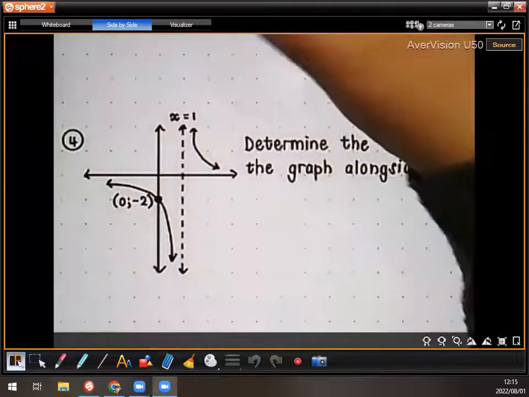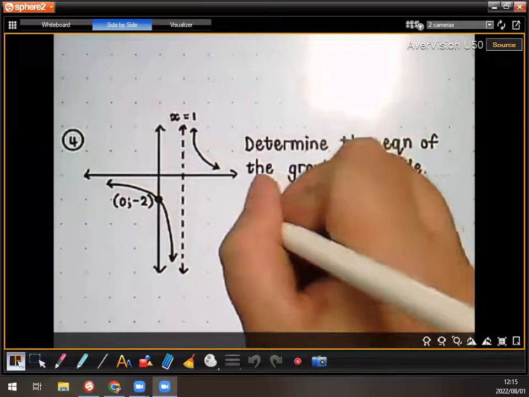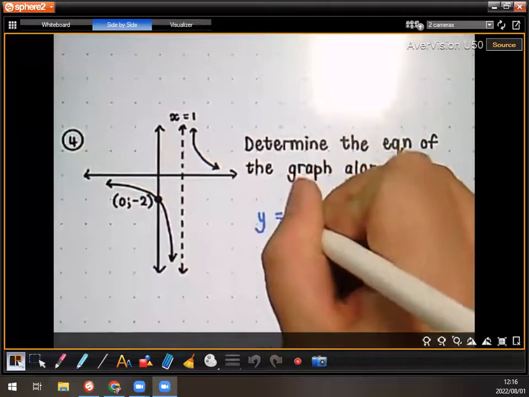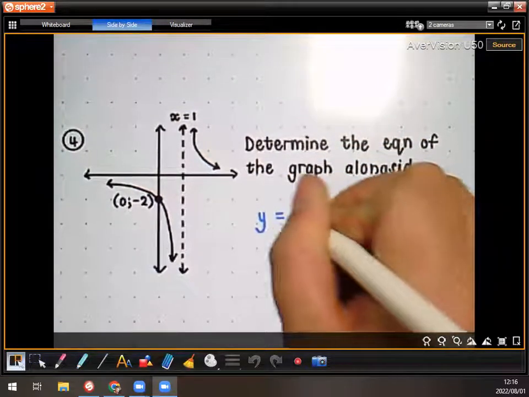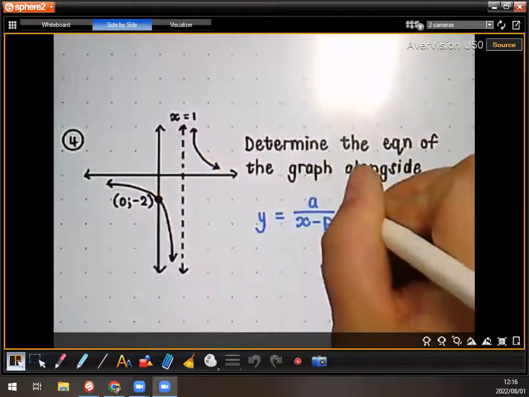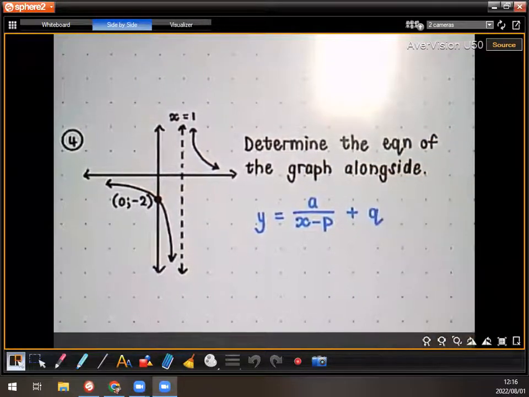Hyperbola. All right, good. So we're going to write the standard form of a hyperbola equation. Y equals, same as in the previous one, a over x minus p plus q.